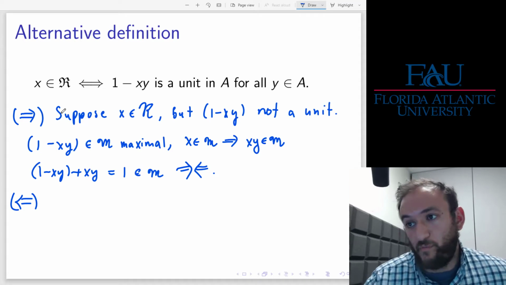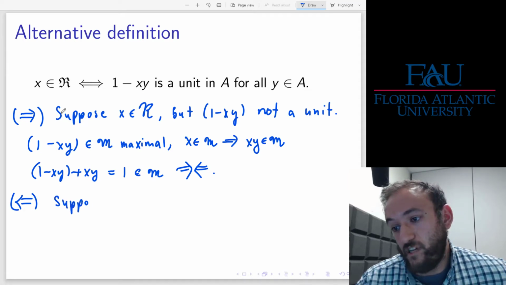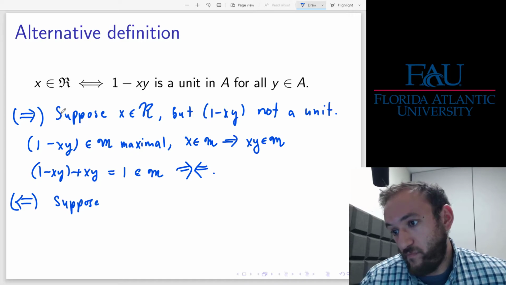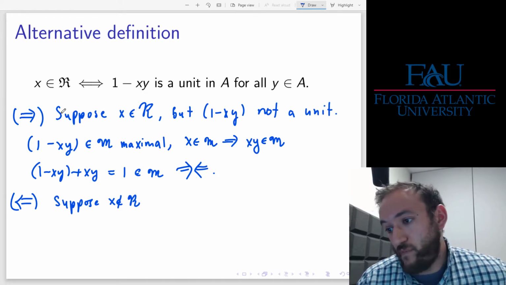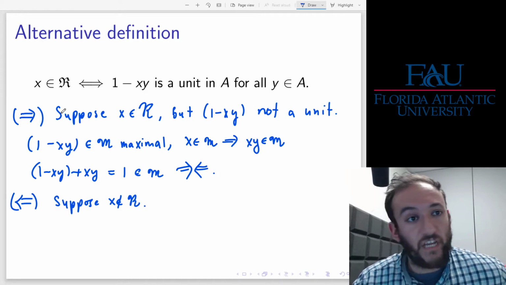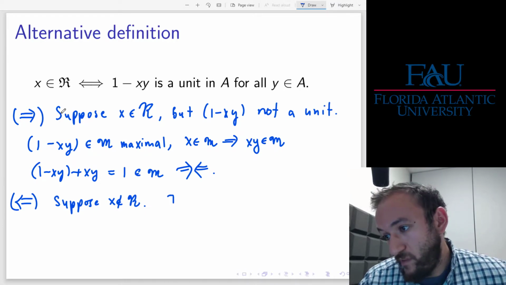Now we're going to suppose that x is not in the Jacobson radical, so we're proving the contrapositive. If you're not in the Jacobson radical, that means there's some maximal ideal that you're excluded from.